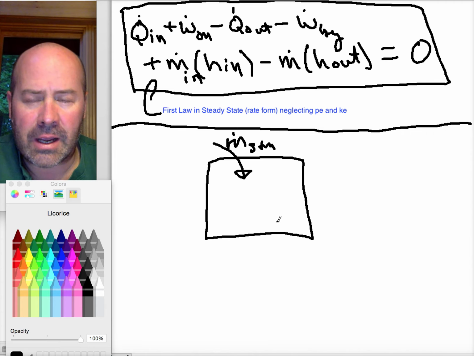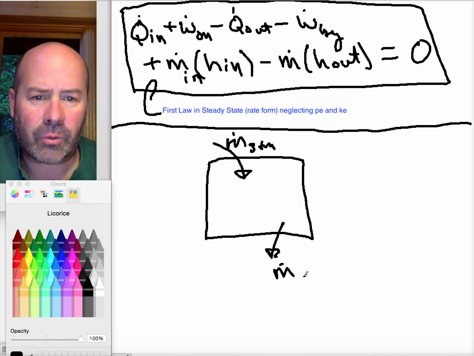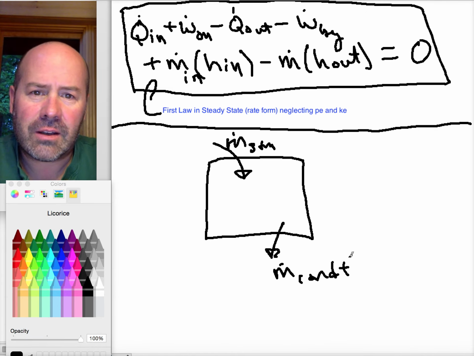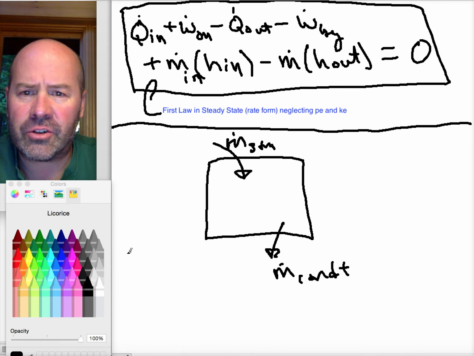And then after it condenses, it leaves, and this is called a heat exchanger, mass flow rate of the condensate, C-O-N-D-T. Now if we're in steady state, the mass flow rate of the steam and the mass flow rate of the condensate are the exact same thing. Now how do we get steam to turn into condensate? Well, we have to take energy out of it.